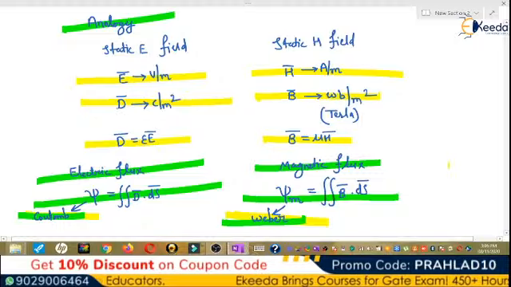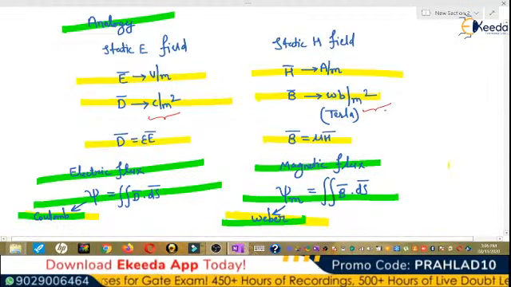Electric flux density D is measured in coulomb per meter square, and magnetic flux density B is measured in Weber per meter square.